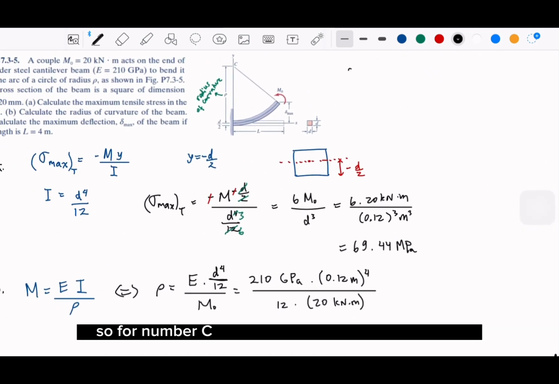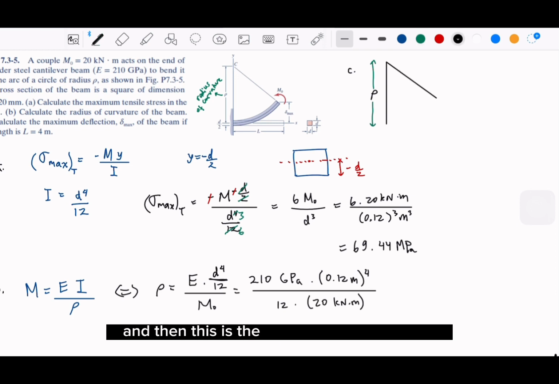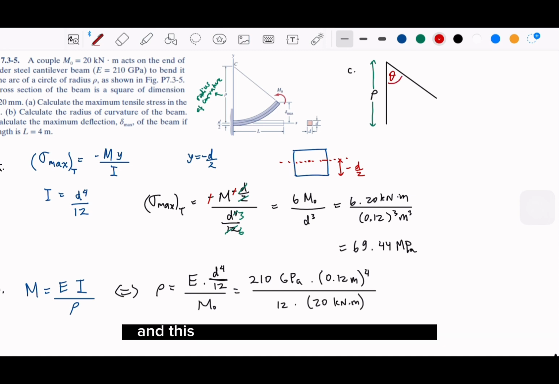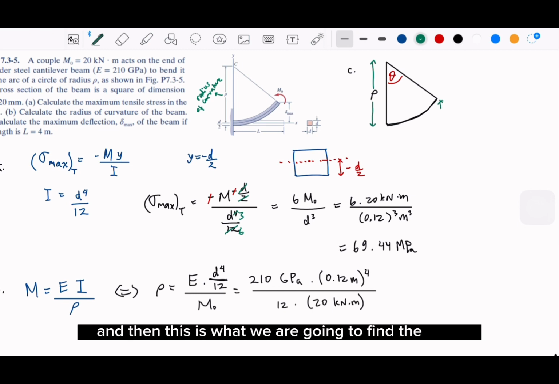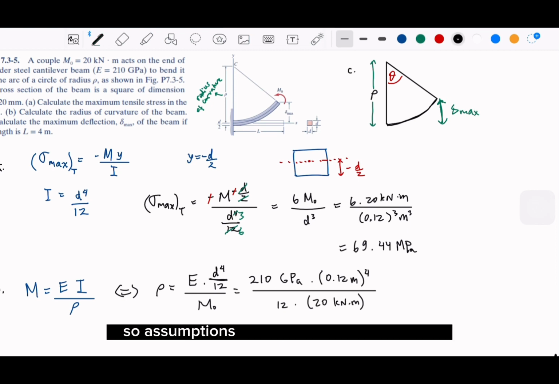So for number C, this is rho, and this is some angle theta, and this is the beam that deflected. And this is what we are going to find, the delta max.